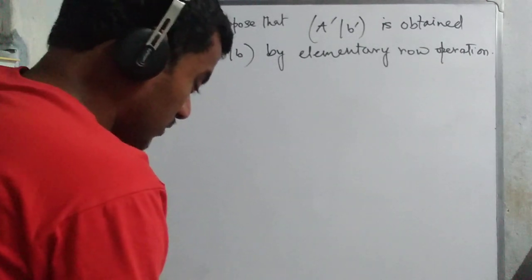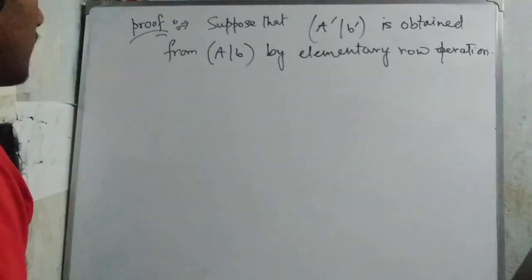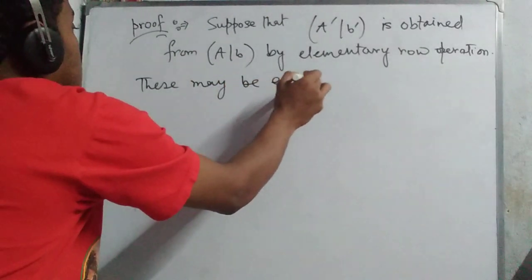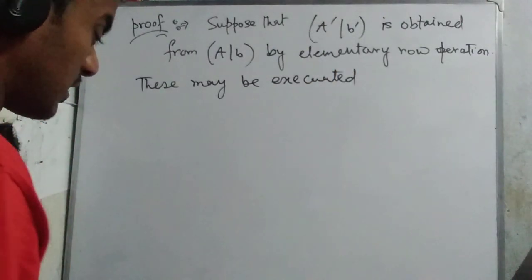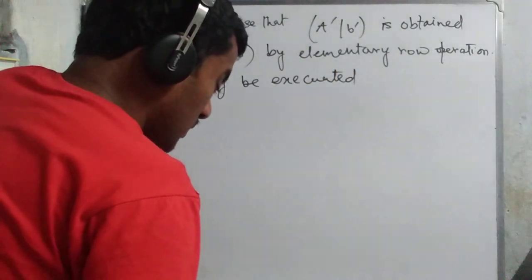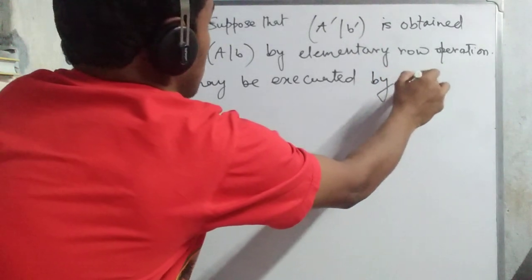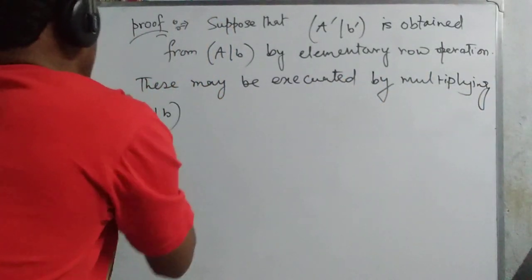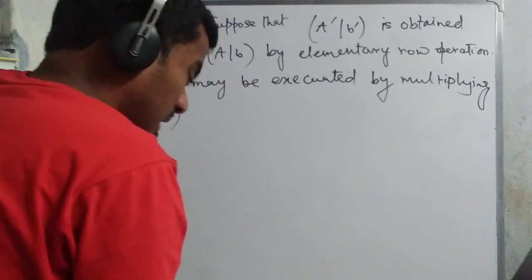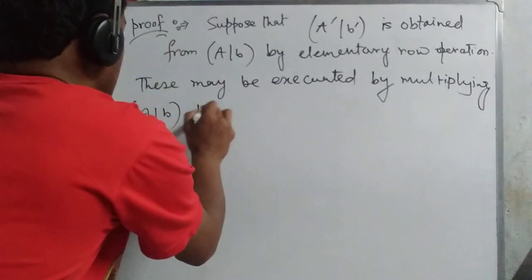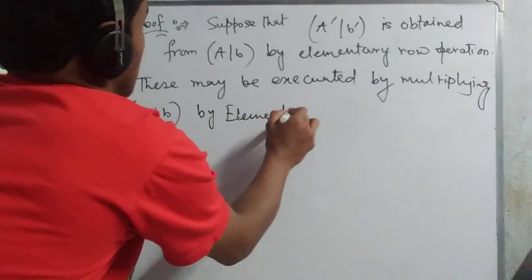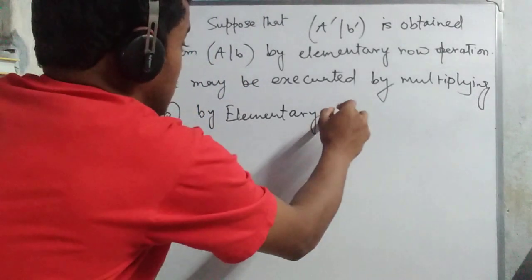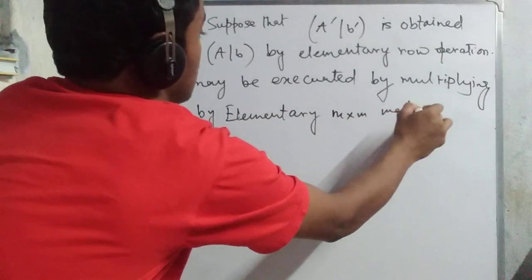This may be executed by multiplying the A augmented B matrix by elementary M cross M matrices.